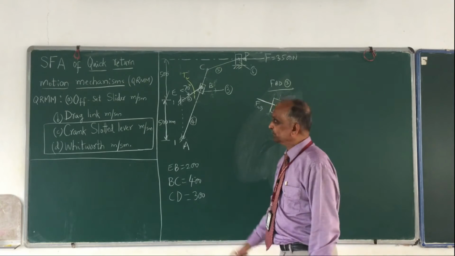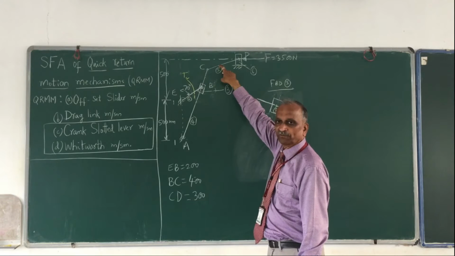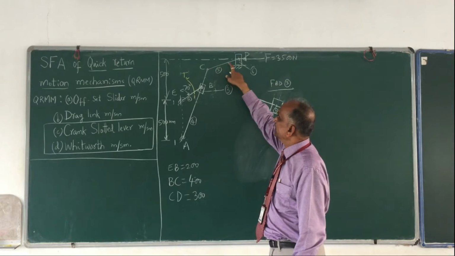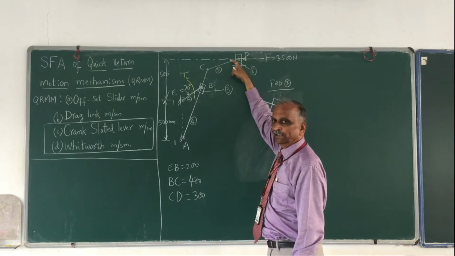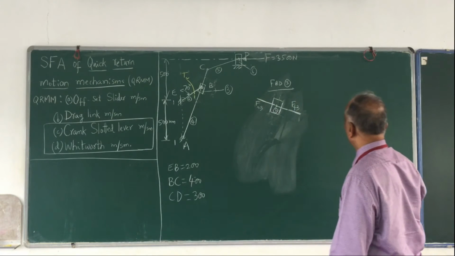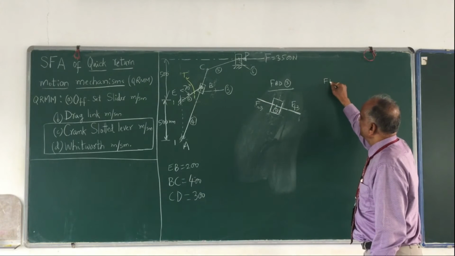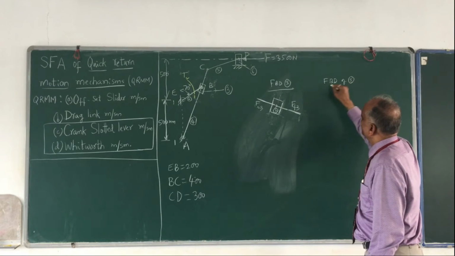Link number 5, how many forces are there? One, from 4 acting on 5, F45. And another one, from 6, from this slider acting on link number 5. They are the only 2 forces, and therefore the next free body diagram I would like to draw is FBD of link number 5.